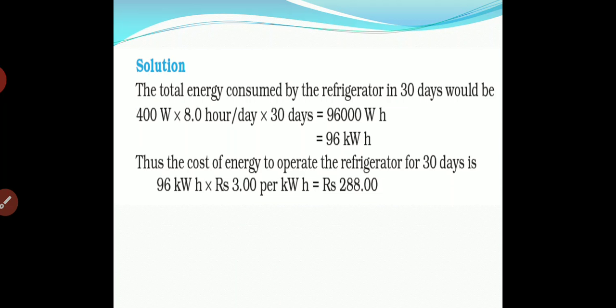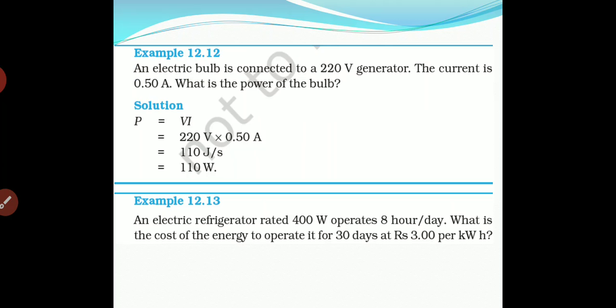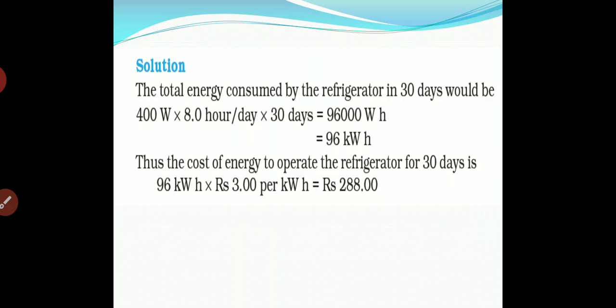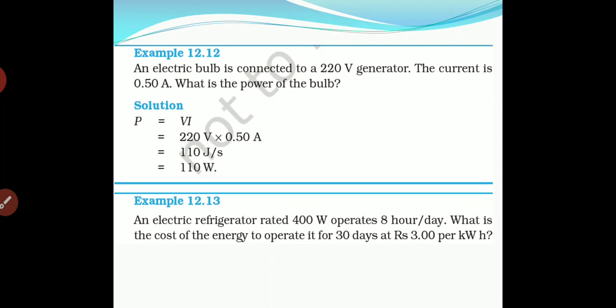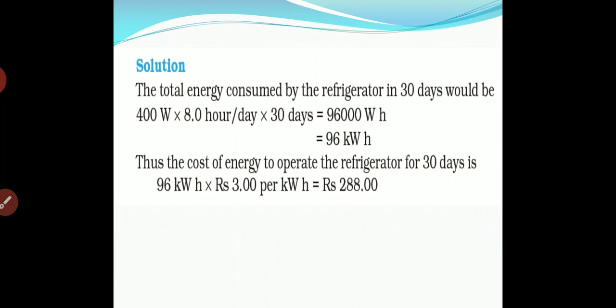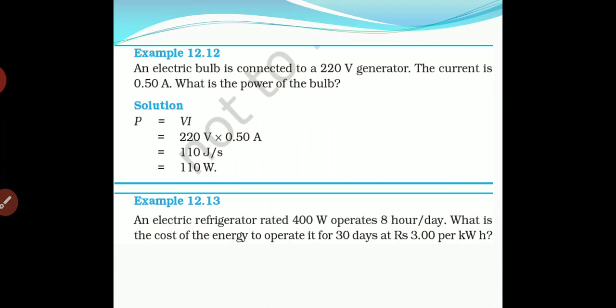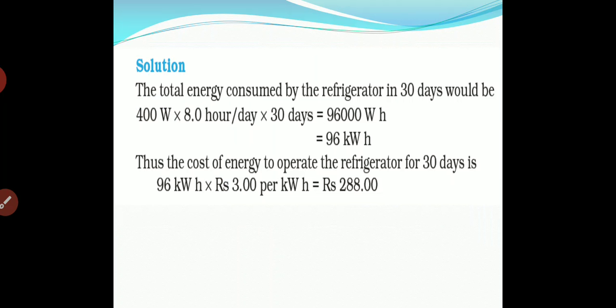First we find the total energy: 400 watt into 8 hours per day into 30 days, which is 96000 watt hours. We convert this into kilowatt hours, 96 kilowatt hours, which is multiplied by rupees 3 per kilowatt hour, so it will be 288 rupees.